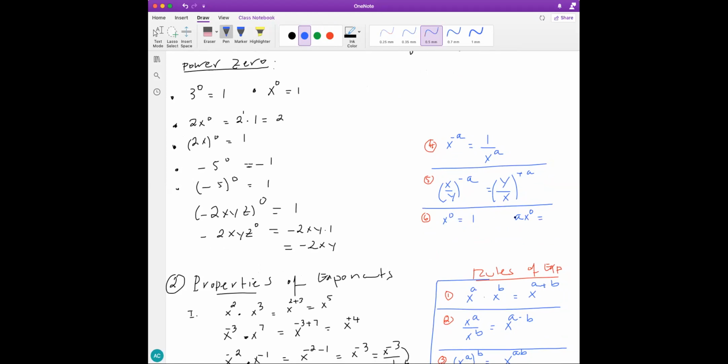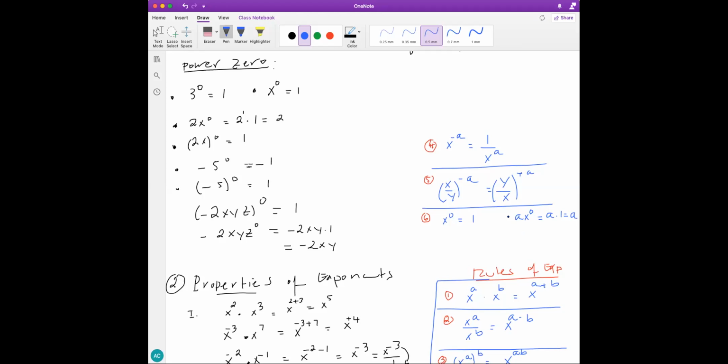This a could be anything. Could be a negative, could be 2, could be 5. It's just a. This stays whatever that number might be, times x to the power 0. What is x to the power 0 again? It's 1. And a times 1 is just a.